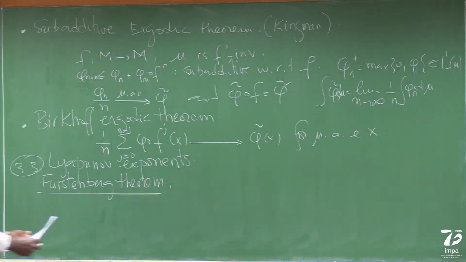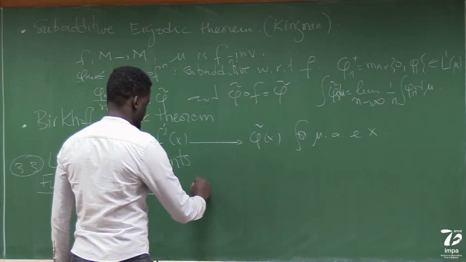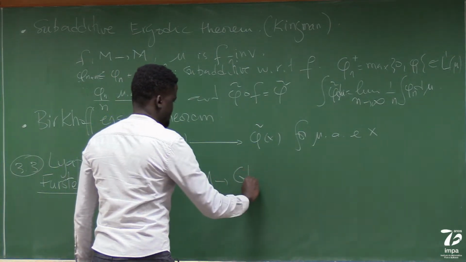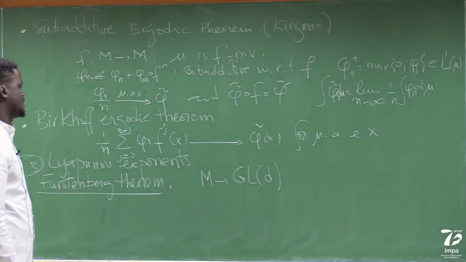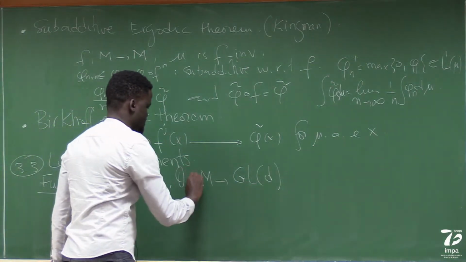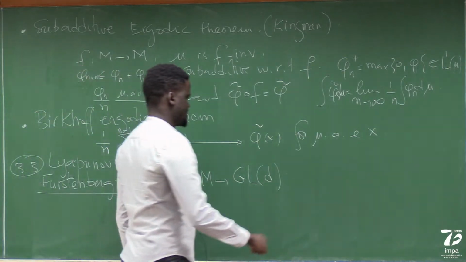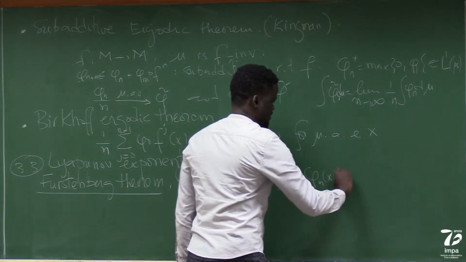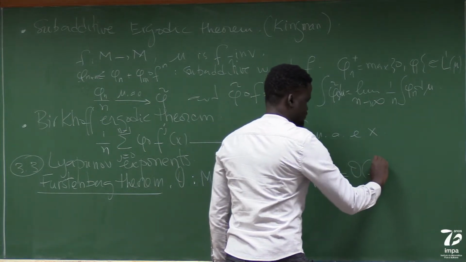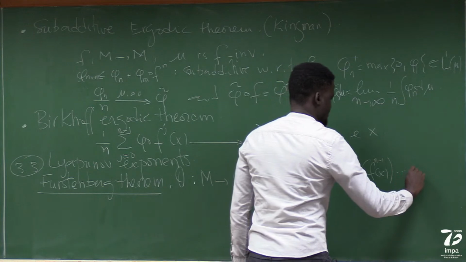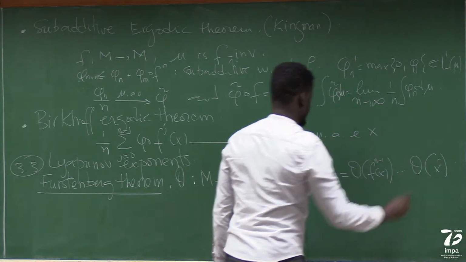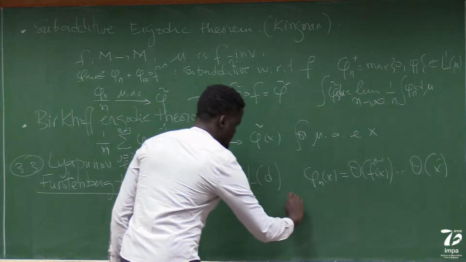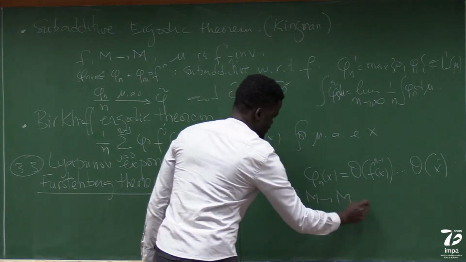If you have a cocycle, so you have a way to choose, from M to, let's say, GL_d, which is a space of matrices, a map theta, and you have a dynamical system, and you define phi n of x equals theta at f^(n-1) of x until theta of x, so this defines a cocycle over f. f is a dynamical system, so remember, f is from M to M.